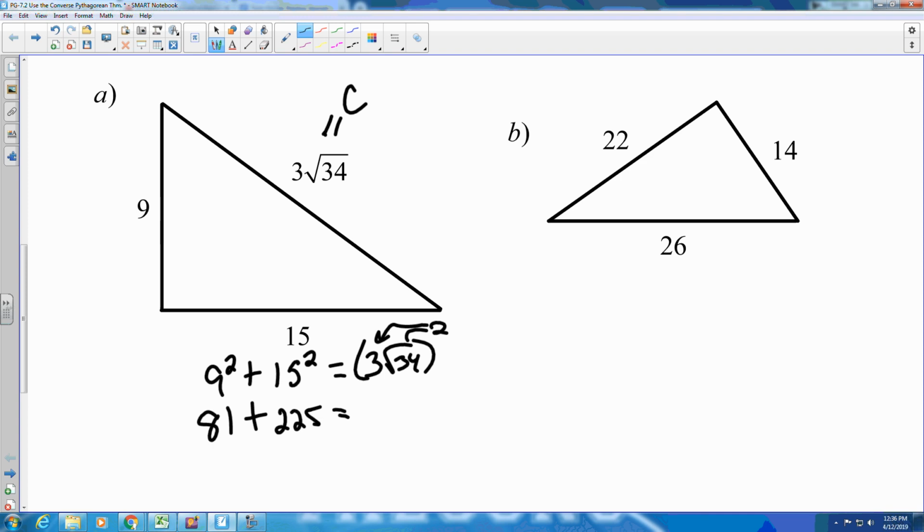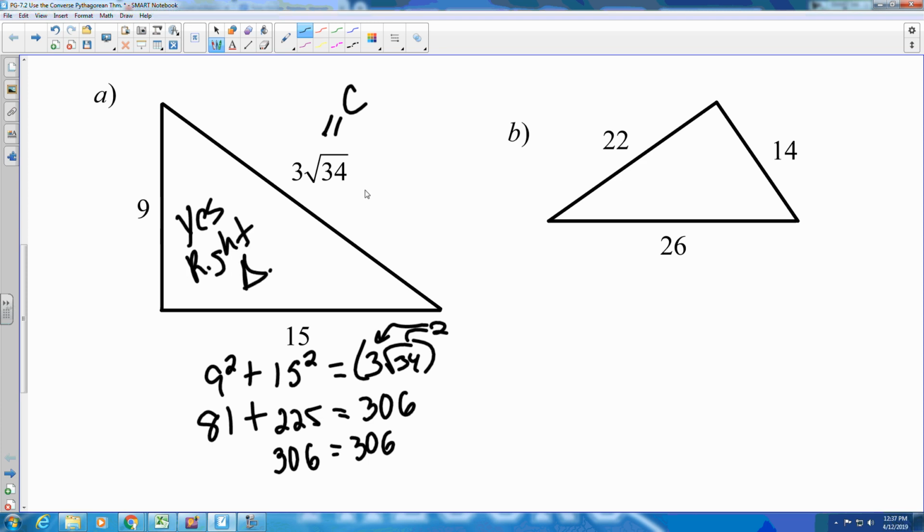The square root of 34 squared is just 34, 3 squared is 9, and 34 times 9 gives us 306. Now take 81, add 225, and that does in fact give us 306. So 306 equals 306, and we can say yes, these are measurements for a right triangle.